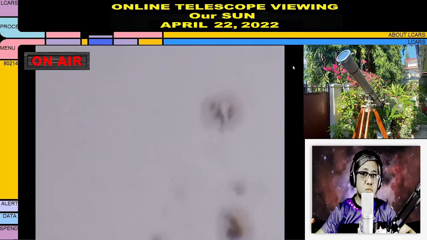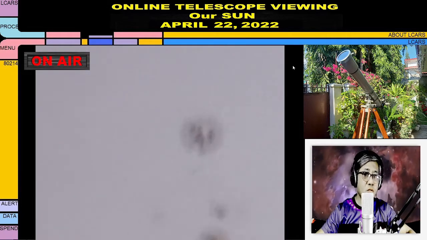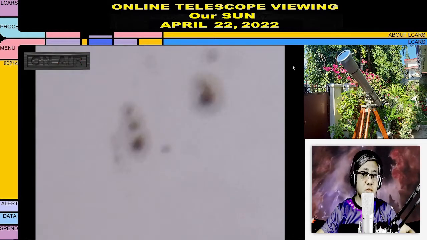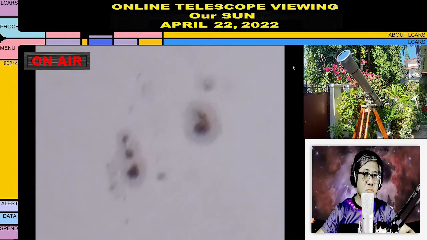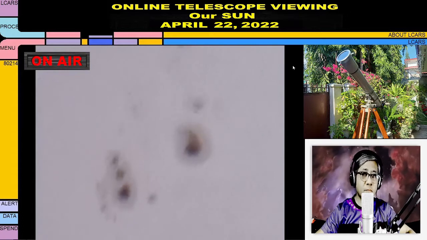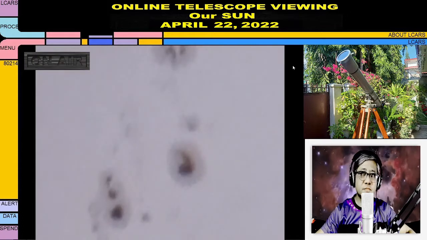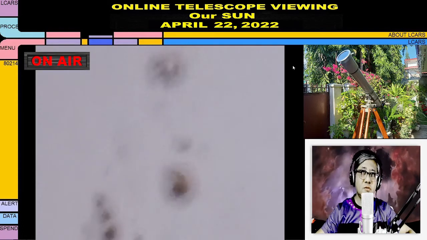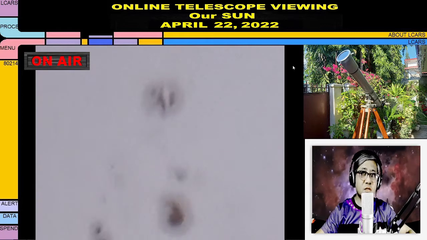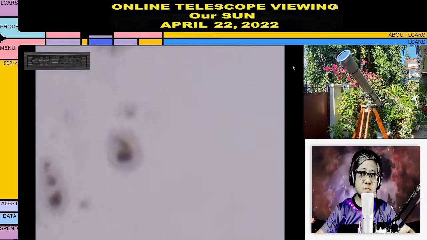And again po mga ka-spacers, these sunspots are caused by disturbances in the sun's magnetic field welling up in the photosphere. So in other words, mga magnetic storms yan, mga ka-spacers.